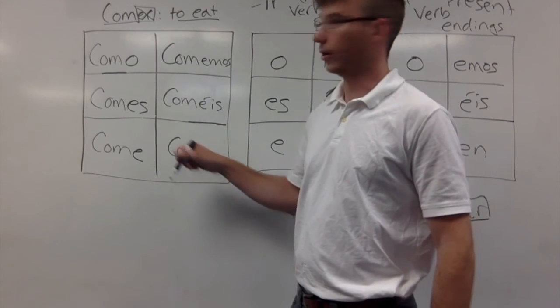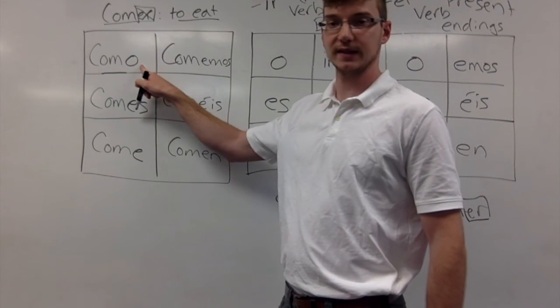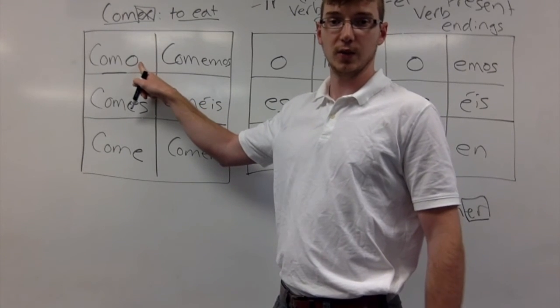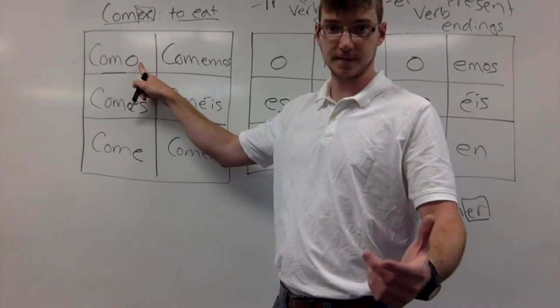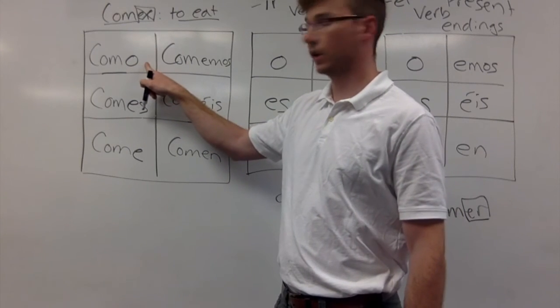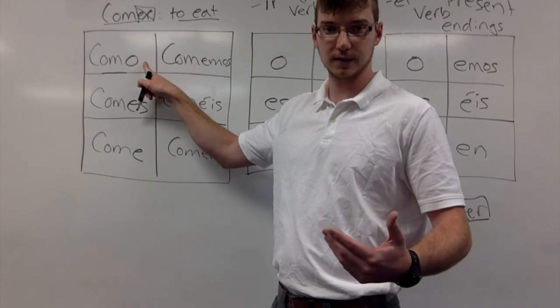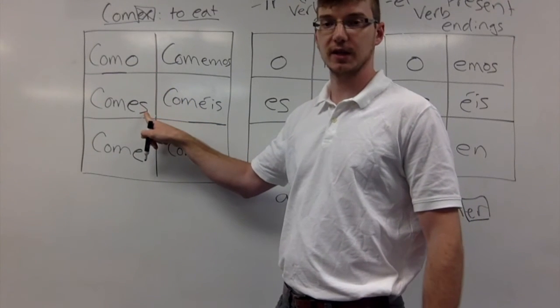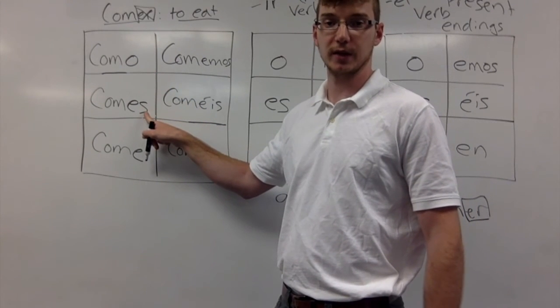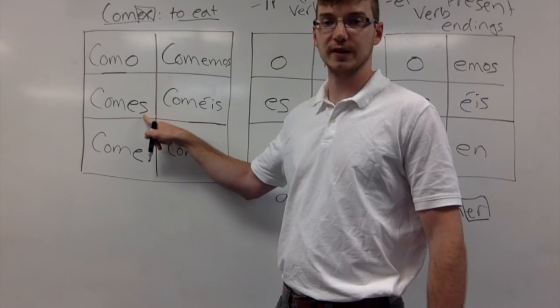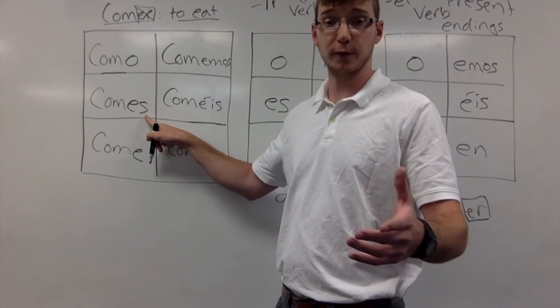Now, como, if you'll think back, that top left box connected to the yo pronoun, which means I. So como no longer means just to eat, it means I eat. Comes, remember, connected over to the tú pronoun, which is you informal, and comes therefore means you informal eat.